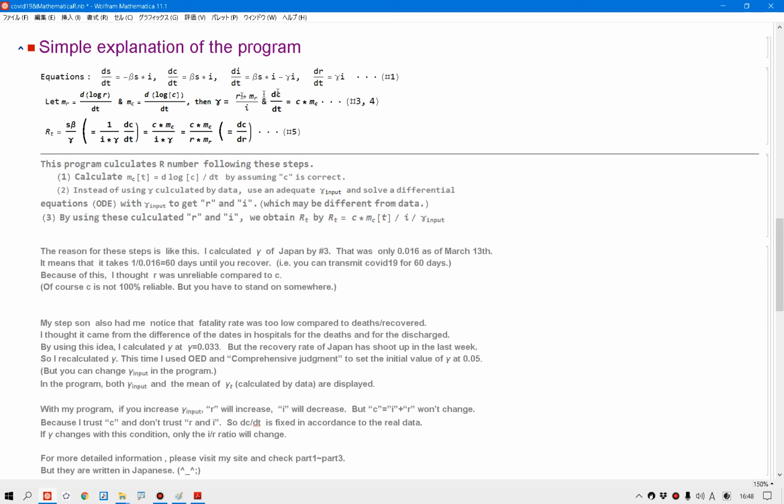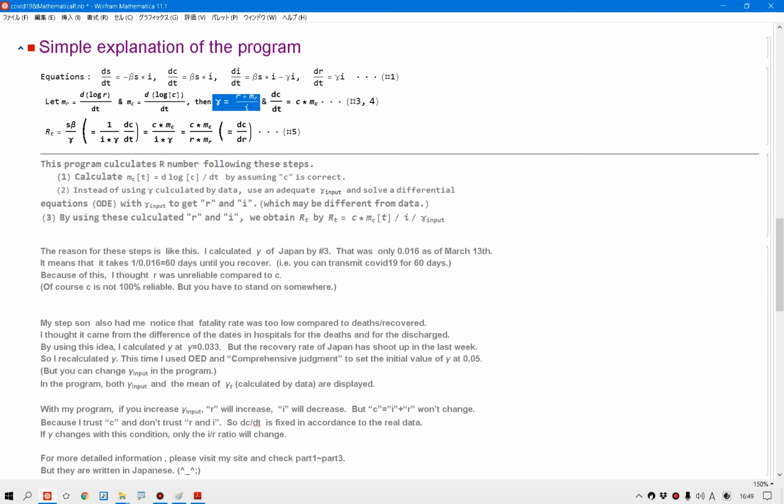And gamma can be calculated using mr. This is the formula. But I found that gamma is not reliable. So instead of using gamma obtained from data, I use gamma as an input.